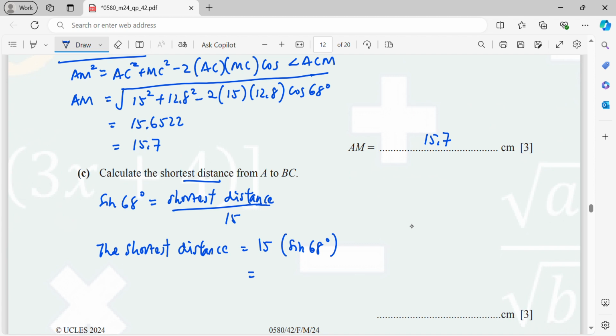That is going to be 13.9 centimeters. Right, so done for this part C.